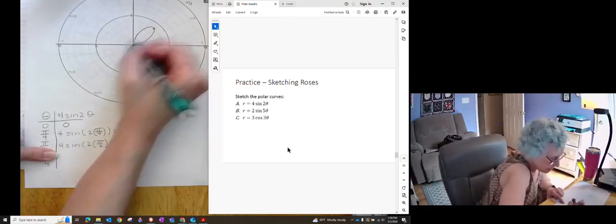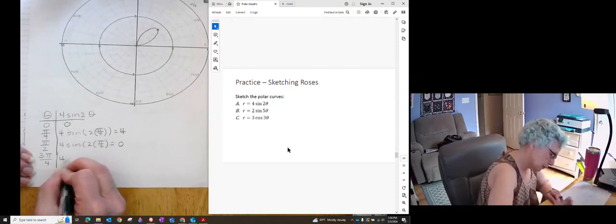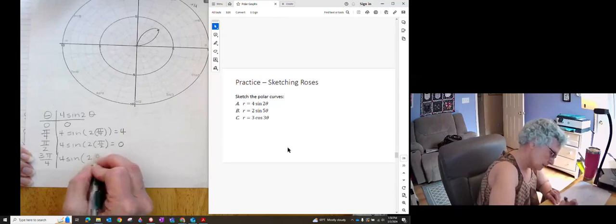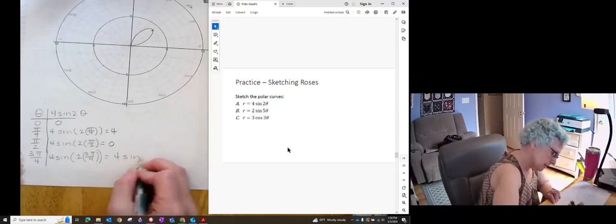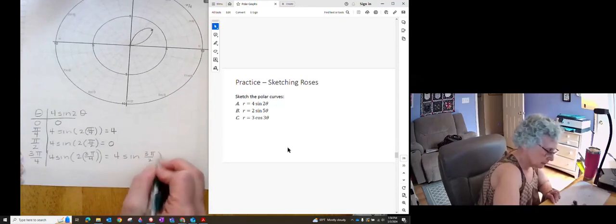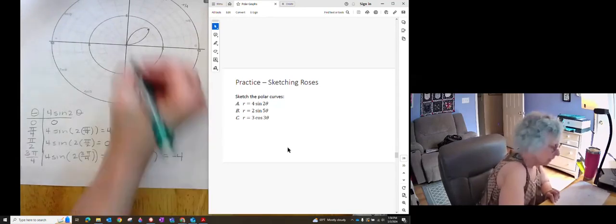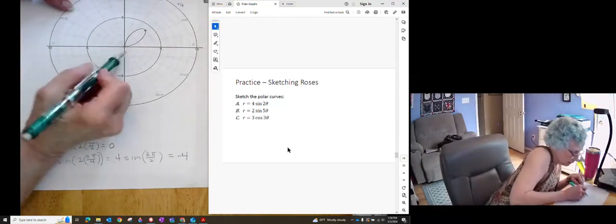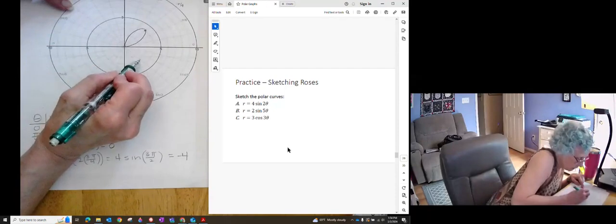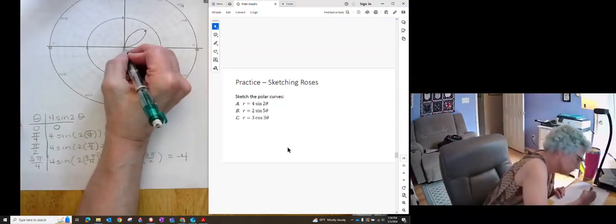That gives me 0, so I'm back here. And then at 3 pi over 4, sine of 2 times 3 pi over 4 is 4 times the sine of 3 pi halves, and sine of 3 pi halves is -1, so this is -4. So instead of being over here at 3 pi over 4, I move 1, 2, 3, 4 in the negative direction.